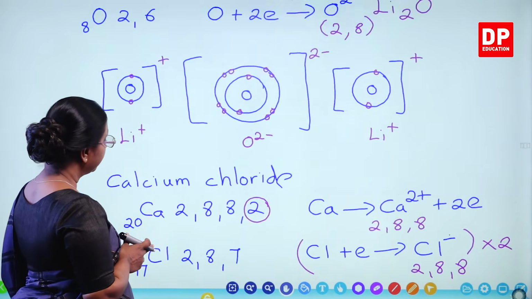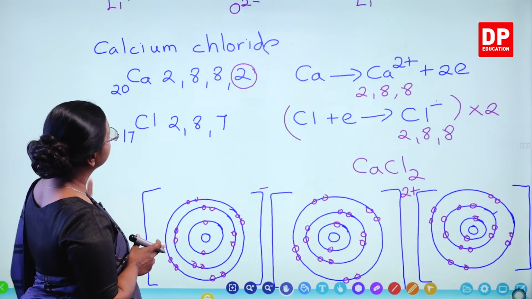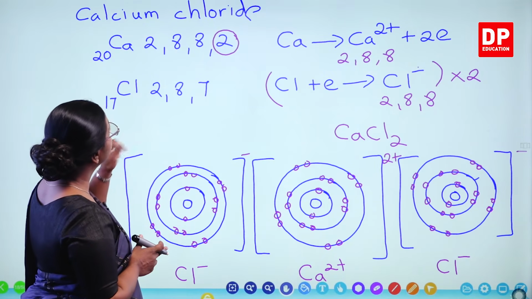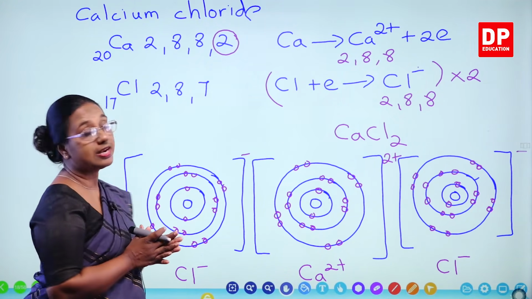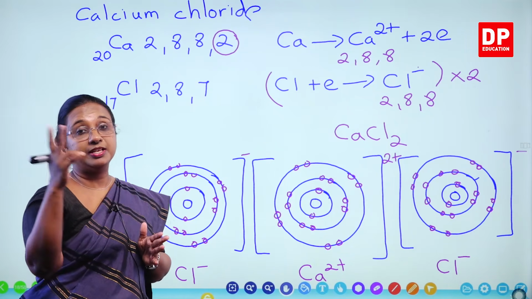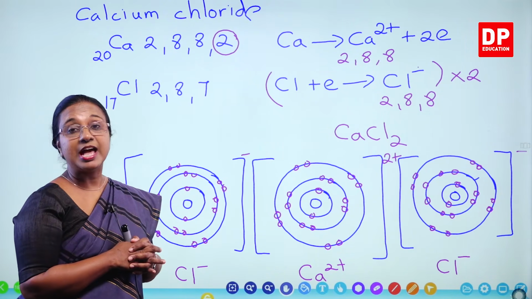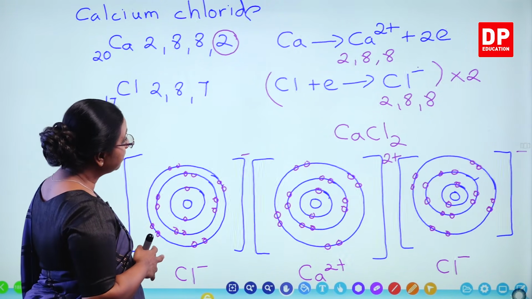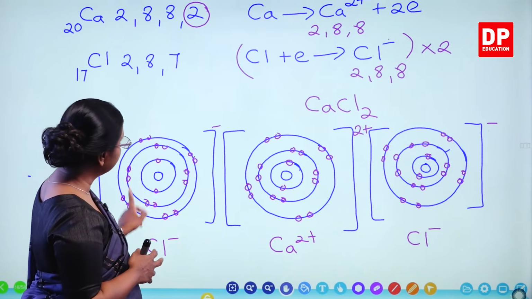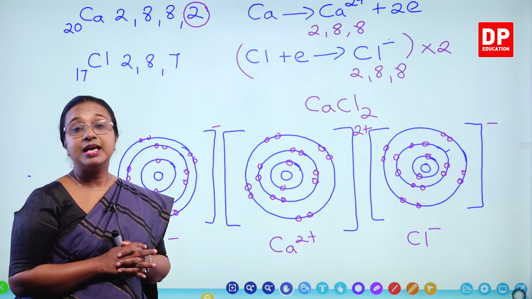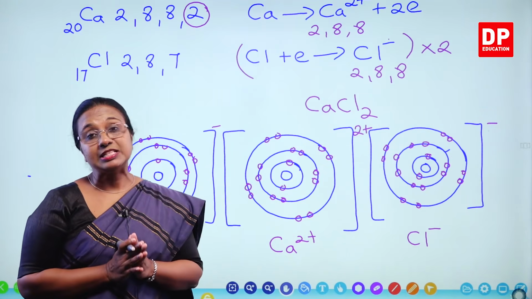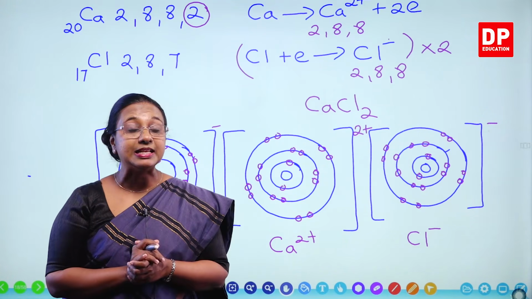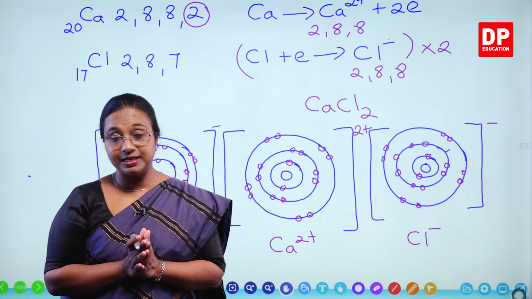Then we have calcium chloride, where calcium loses 2 electrons and chlorine gains 1 electron. So 2 chlorines, 2 negatively charged anions. So the ionic bond between calcium and chloride is represented this way. So with that, students, I have completed the discussion on ionic compounds.